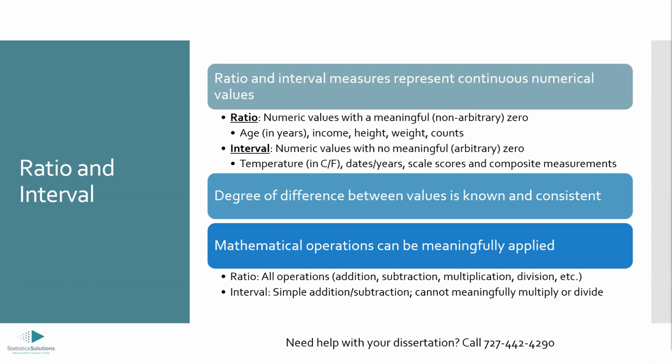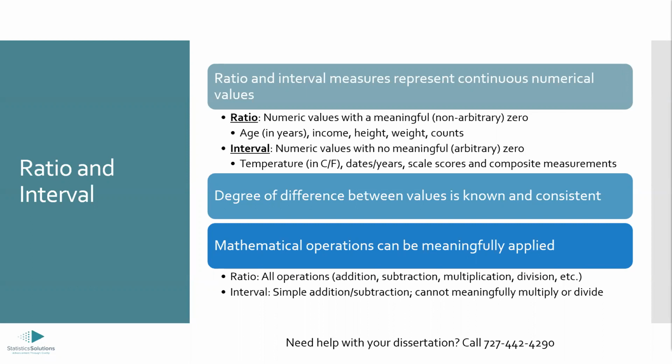With ratio and interval levels of measurement, an important property is that the degree of difference between values is known and consistent. So for instance, let's take someone's age in years. We know that someone who is 11 years old is exactly 1 year older than someone who is 10 years old.